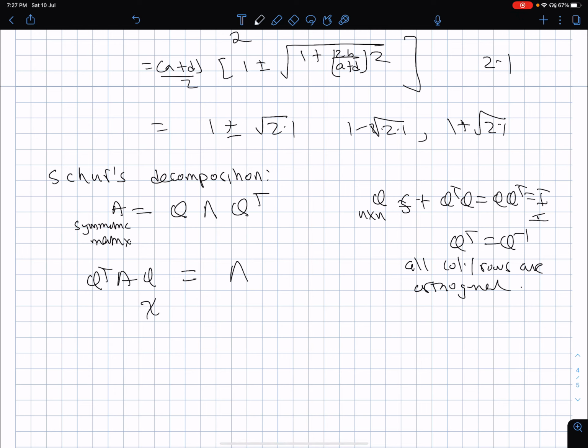Which is the same as saying that Q inverse AQ is the same as this lambda, which can be used to conclude that the diagonals of this diagonal matrix are the eigenvalues of A.